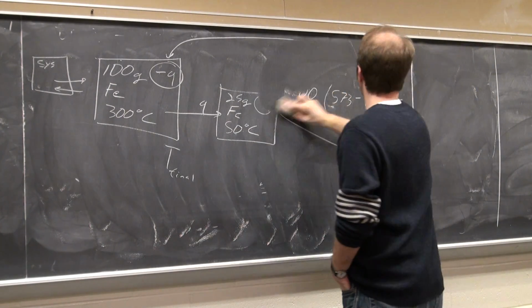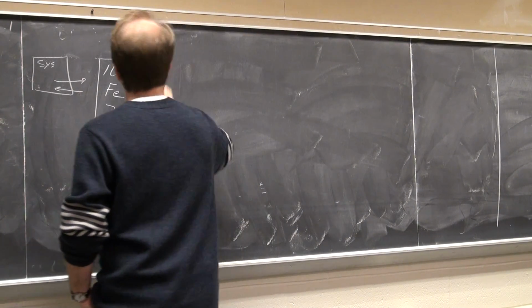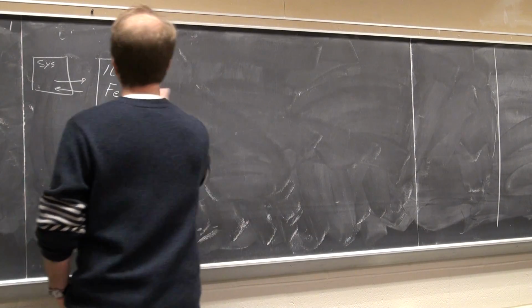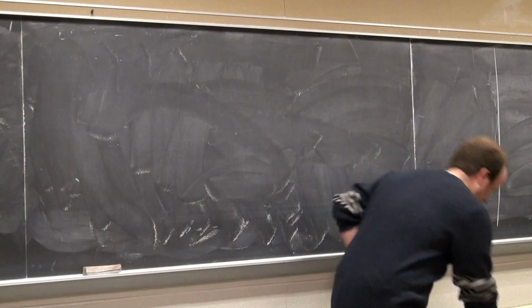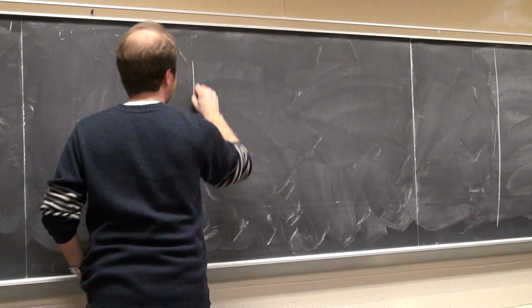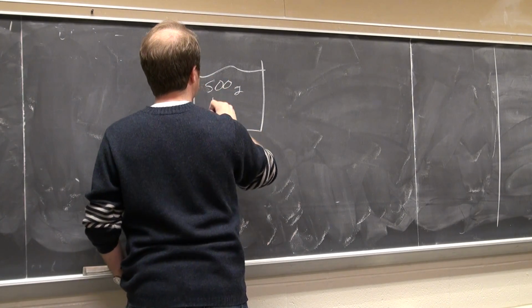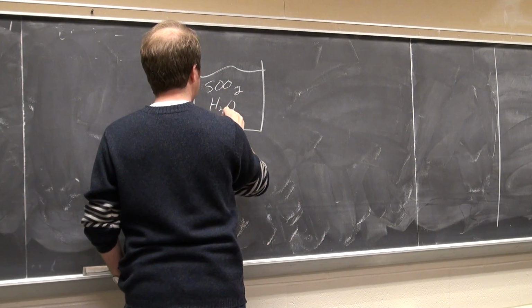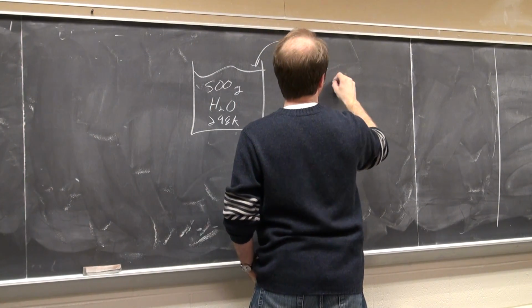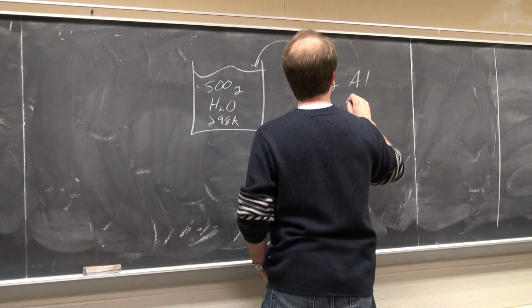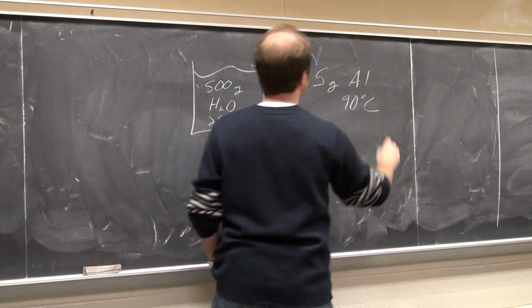Let's see if I can get this one right, just from the get-go here. So say I take 500 grams of water at 298 K, and I drop in 5 grams of aluminum at, let's say, 90 degrees Celsius.